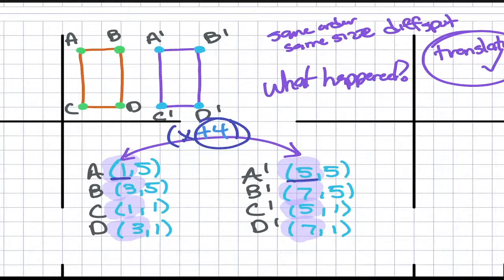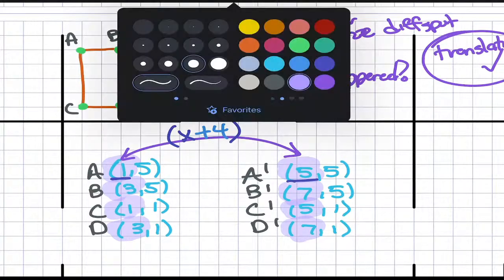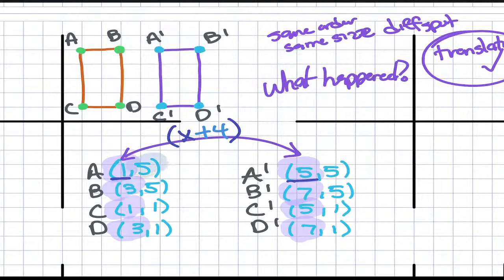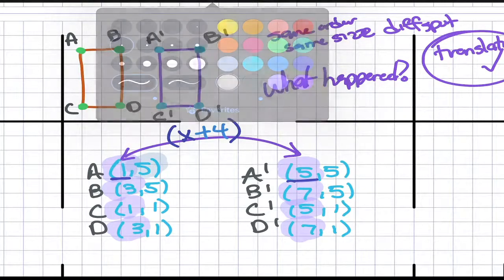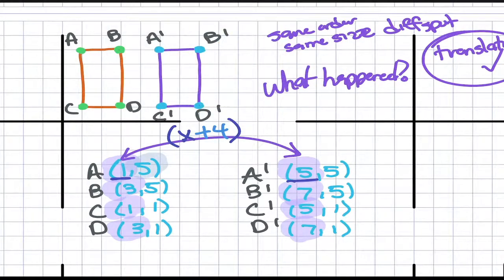Got it? So x plus 4 is the algebraic representation for this translation. Now let's figure out the y. Okay? How do you go from a 5 to a 5?